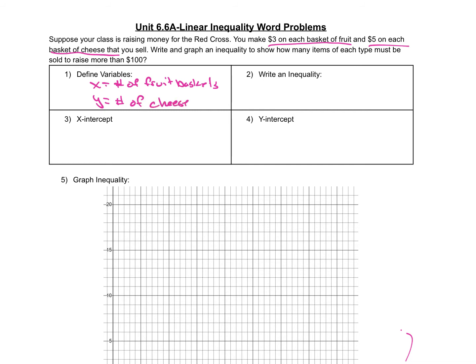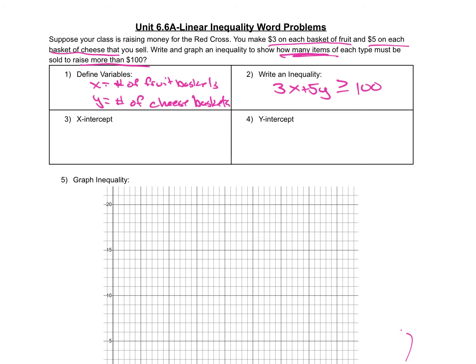Because we already know the prices, so really what we're looking for is how many items. So if we write an inequality, it's going to be 3x plus 5y, and we want to raise more than $100. So that means we want to be greater than or equal to 100.